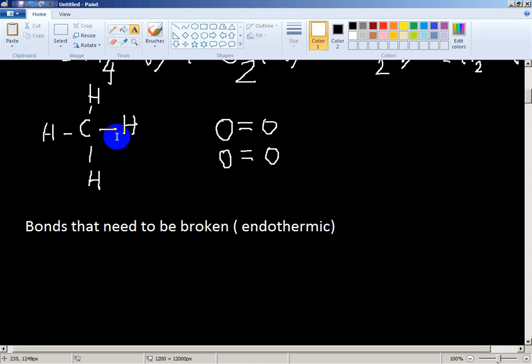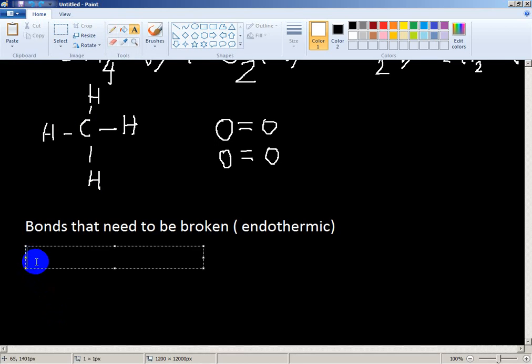So how many bonds here? Carbon-hydrogen bonds. How many bonds? This is 1, 2, 3, 4. Have you counted? 1, 2, 3, 4. 4 carbon-hydrogen bonds.